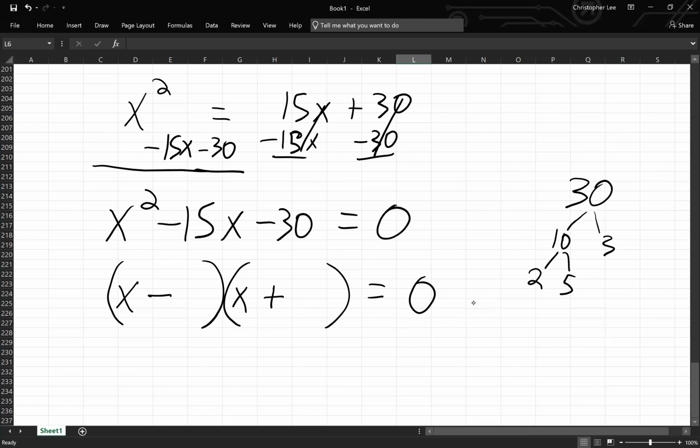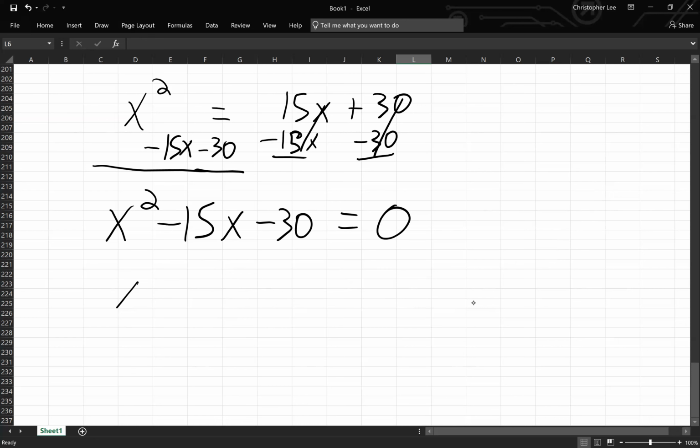Keyword there is yet. So we'll come back to this question another time. There's another method that we're building up to that'll be able to answer this. So we'll come back to this question.